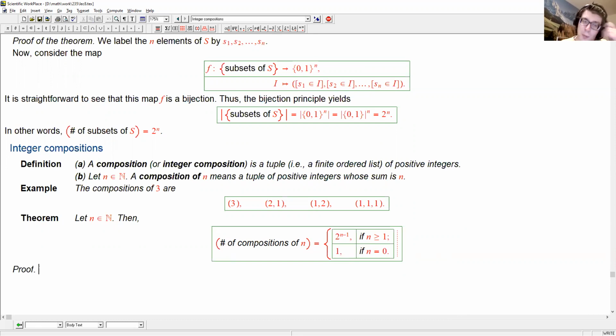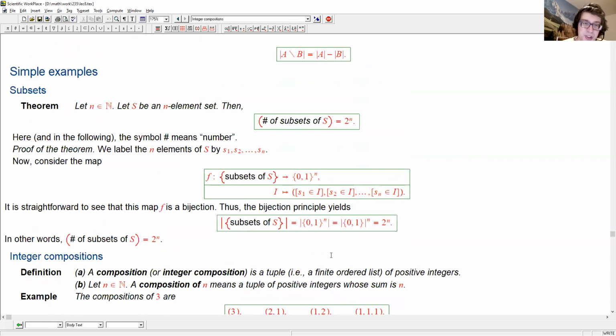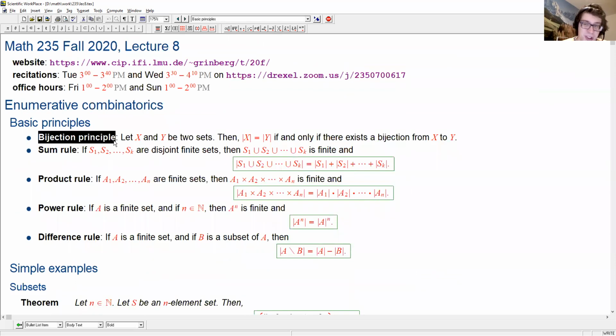Let's prove this. Again, we're just sketching the proof. Without loss of generality, assume that n is at least 1, because the 0 case you just count: there is only the empty tuple, which gives you this 1. Now, what do we do for n being at least 1? It's tempting to use the bijection principle again.